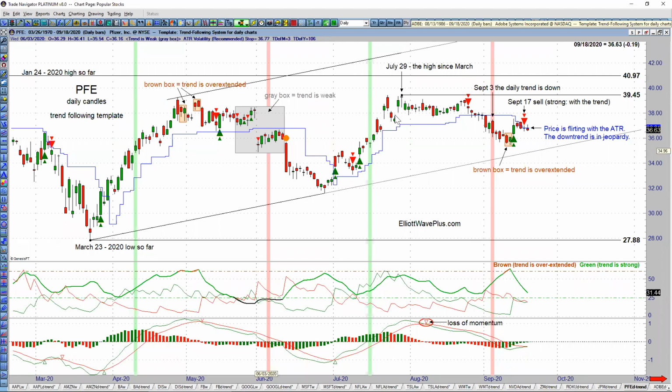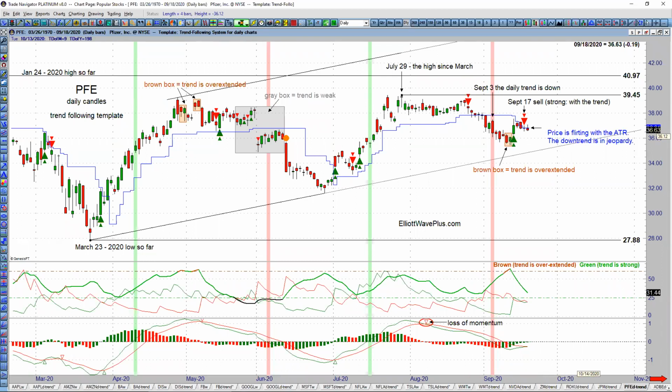Pfizer. Pfizer, according to Bill Gates, is the company that's most likely at this juncture, if you're going to bet on a company to be the one that produces the first widely distributable vaccine, is most likely to be Pfizer. And yet their stock really hasn't gone much of anywhere. I mean, it did recover nicely off the March low, up through early May, and it's just been moving in a sideways pattern ever since.